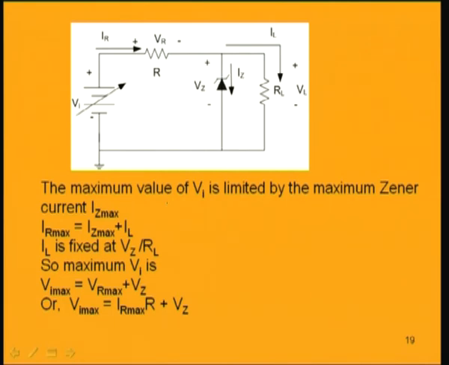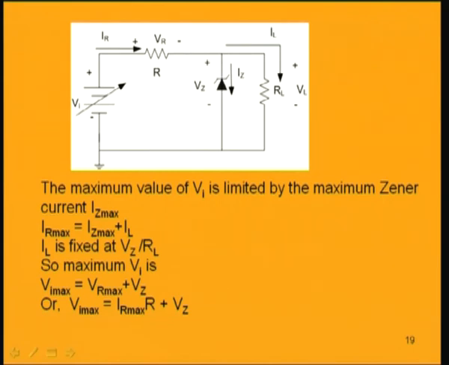So, for that IZ max, what will be the IR max? That is, maximum current IR will be IZ max plus IL, since this voltage is constant and resistance is also constant. So, VL by RL is constant, we are not changing the load. So, IL is constant. So, IR max is equal to IZ max plus IL.